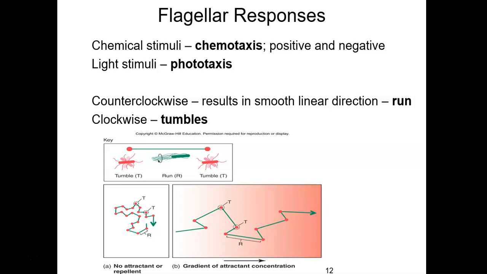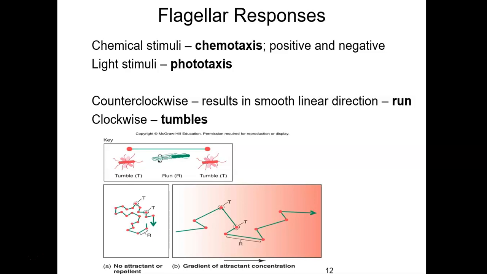People are going to want to run away from that, if it's something you're fearful of. Well, the bacteria respond in the same way. If they're exposed to a chemical nutrient, they're going to want to move towards it, a positive chemotaxis. If it's something like a toxic waste product, that's going to solicit a negative chemotaxis, where they're going to want to move away from it.